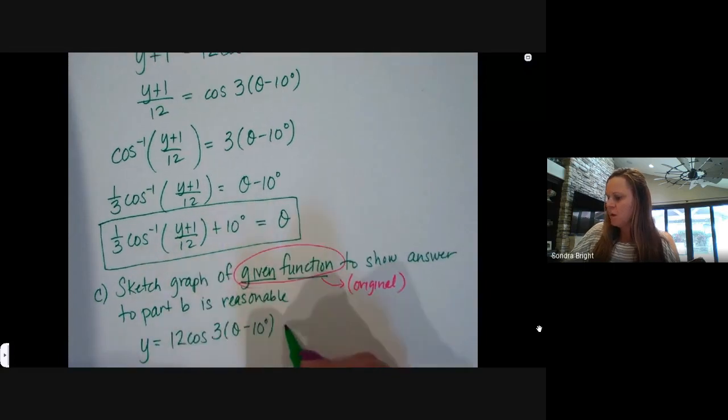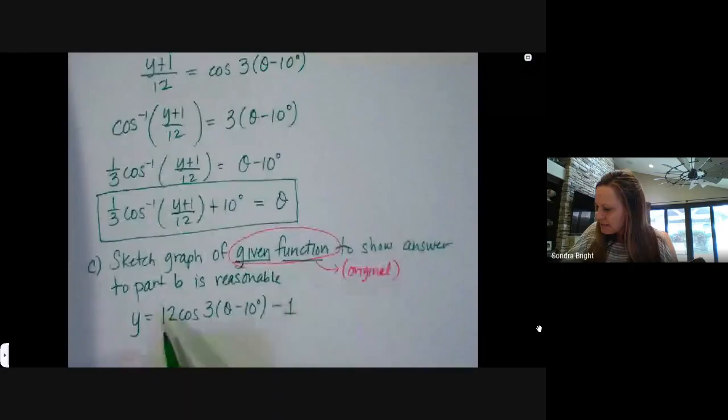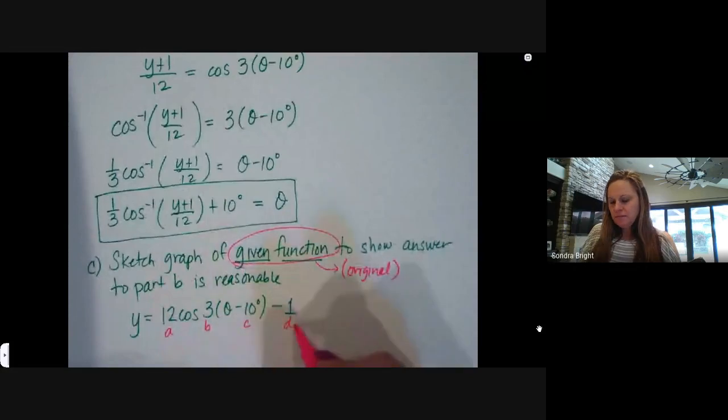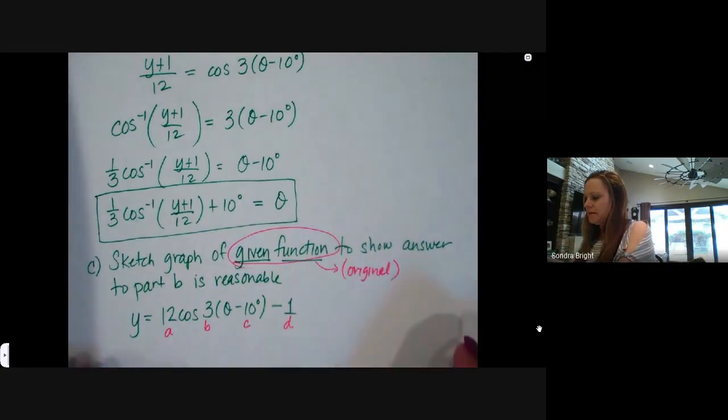I just rewrote it. Instead of -1 plus the 12, I brought it over to this side, so that way you can see that this is going to be your A, that'll be your B, this will be C, and then D when you're identifying how to graph it. All right, so we're going to graph this equation.